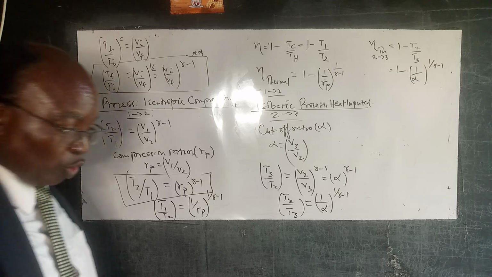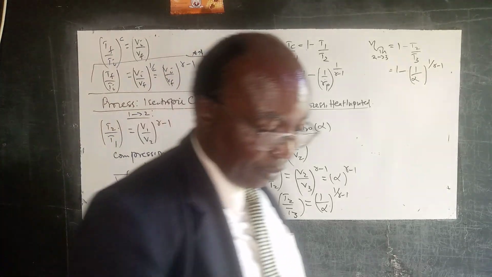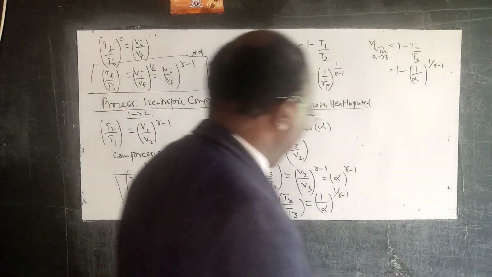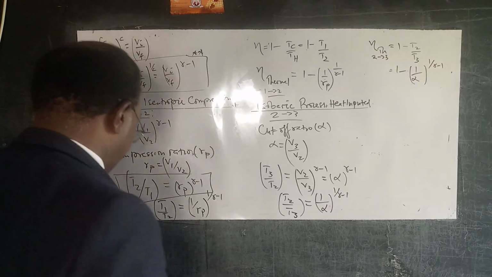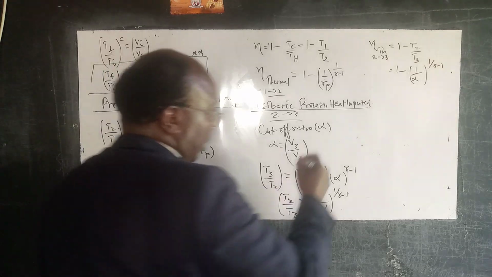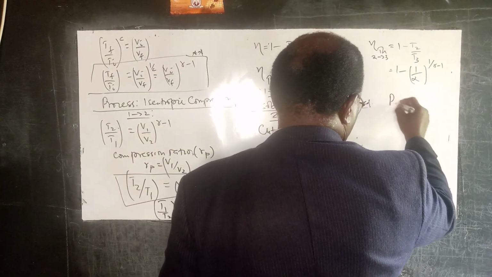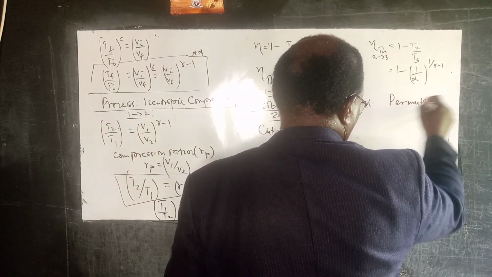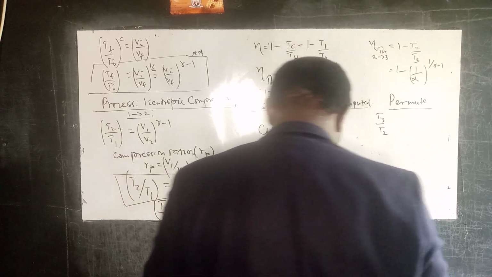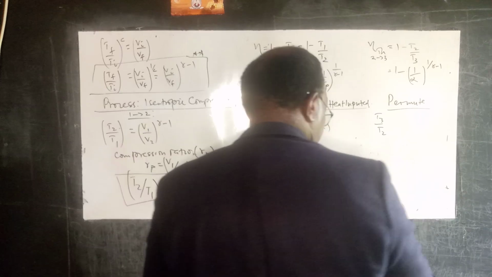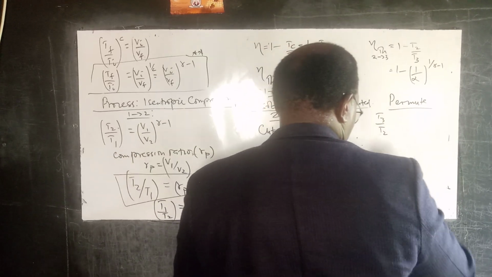So if we try and consolidate these particular quantities, we can use a permutation. You can permute T3 over T2: let's call it T2 over T3 over T2.